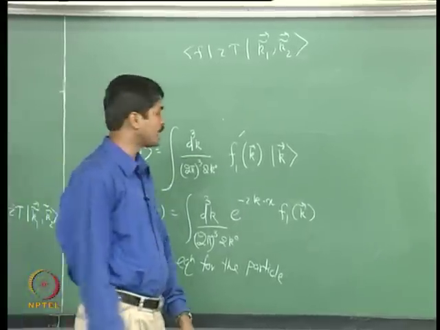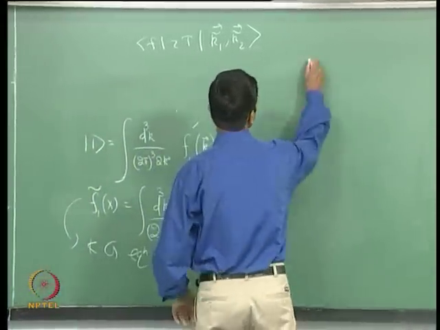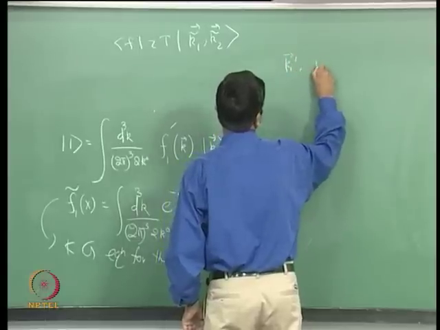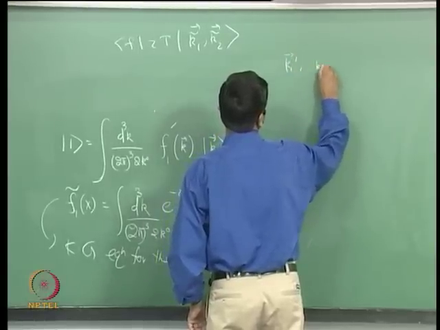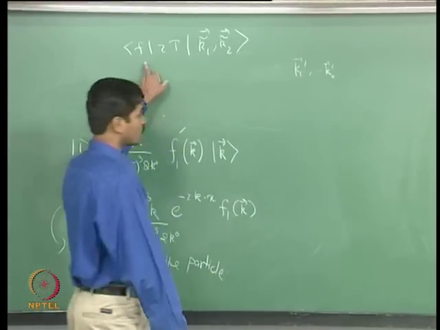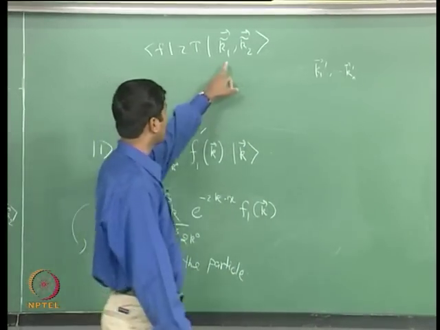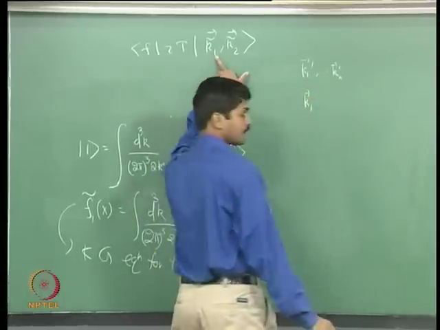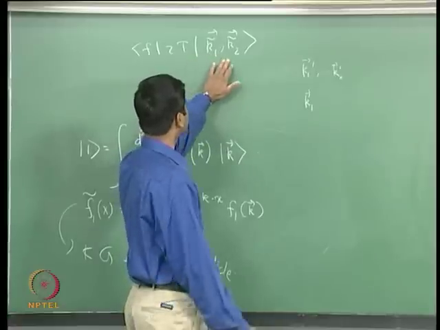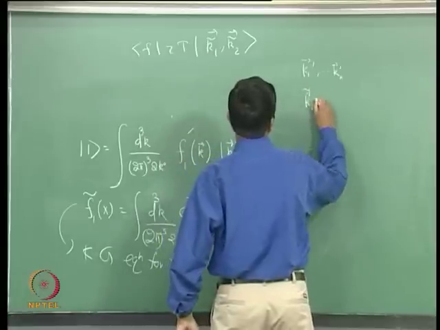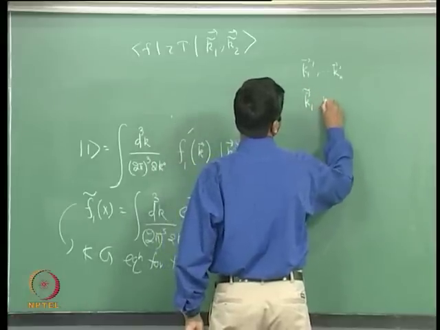If the outgoing particles have momenta k1 prime up to kn prime, they need to conserve the total momentum. The momentum of incident particles are k1. This state has well defined momentum. This is a 2 particle state with momenta k1 tilde and k2 tilde.